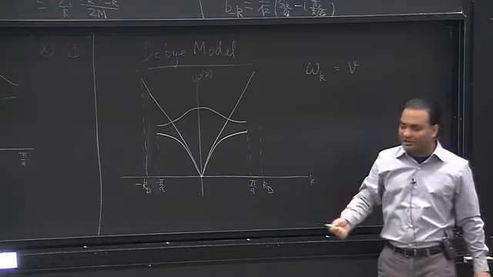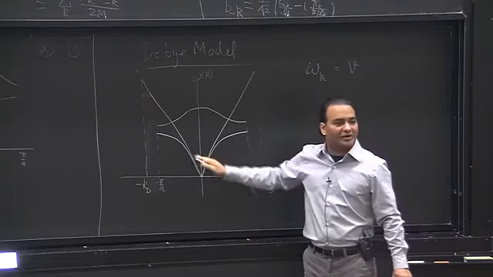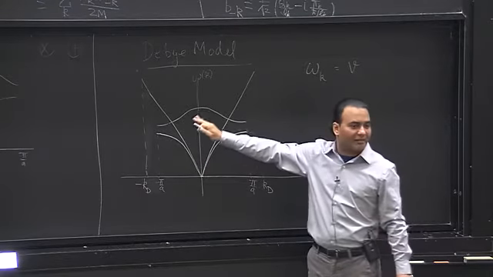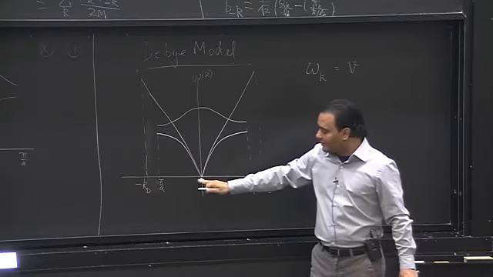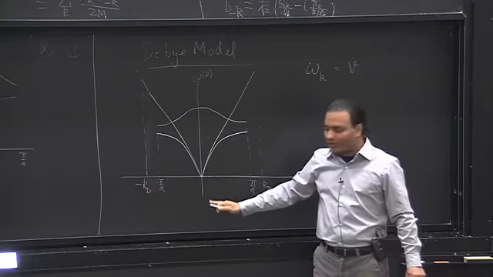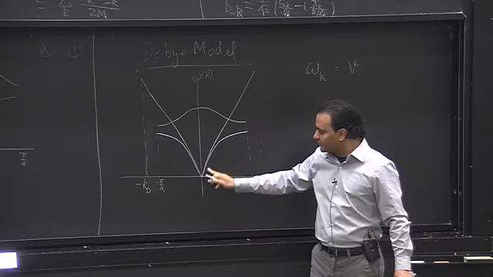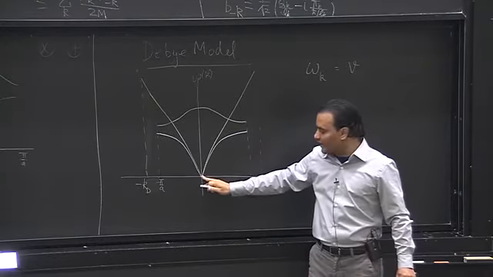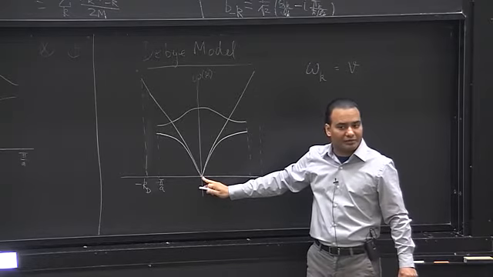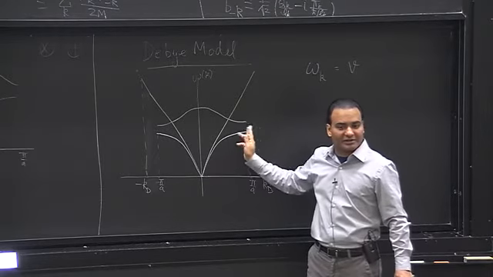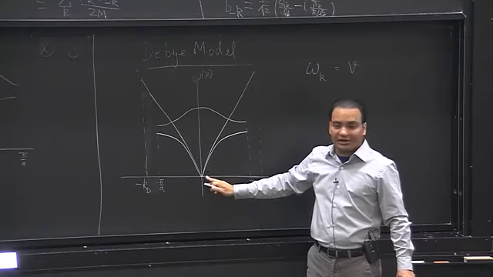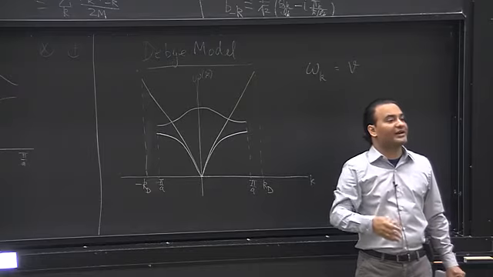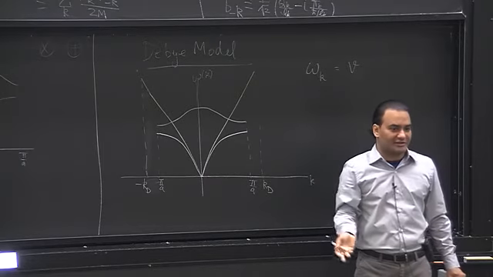Now, in 3 dimensions, you'll have 3 acoustic modes, and you will have 3 optical modes. In 1 dimension, you have an acoustic mode where the velocity, the slope of this linear curve, is the same as the velocity close to k equal to 0 of this white line, of this original dispersion. It's possible that different modes in different dimensions have different velocities.